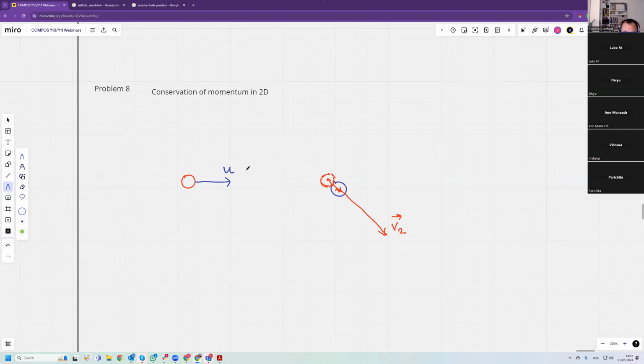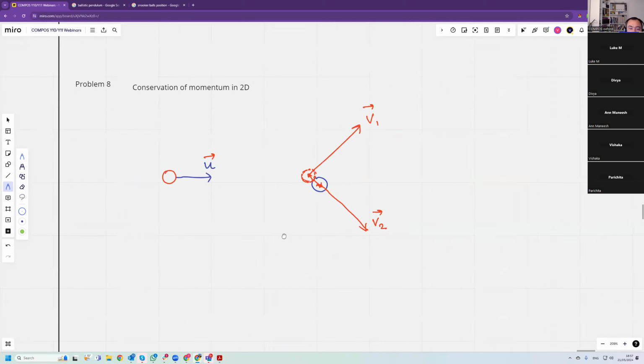And U, it experiences a force that causes it to change the direction. Now, the red ball moves somewhat like this. V1. Okay.